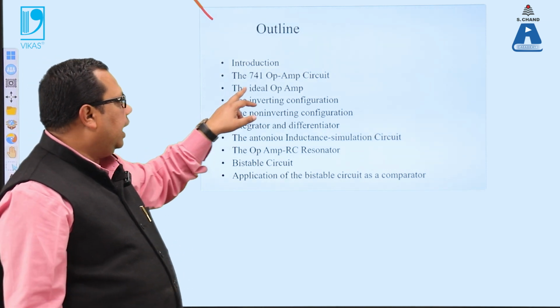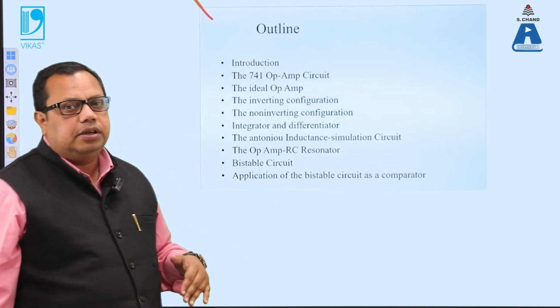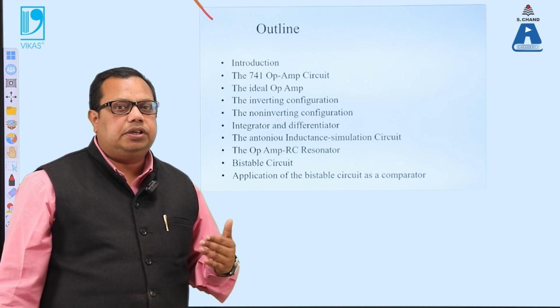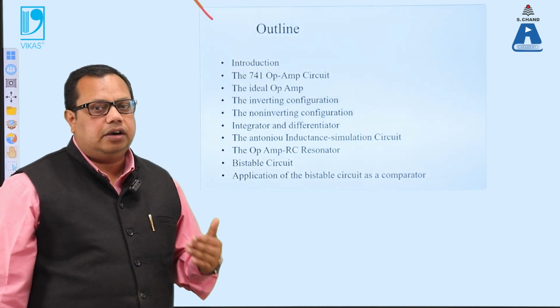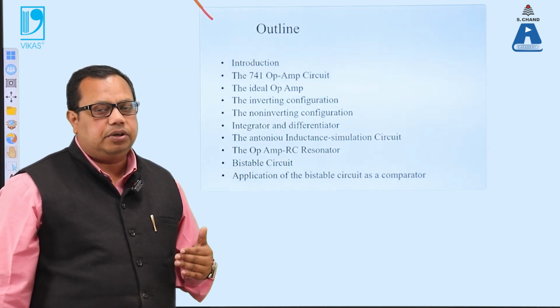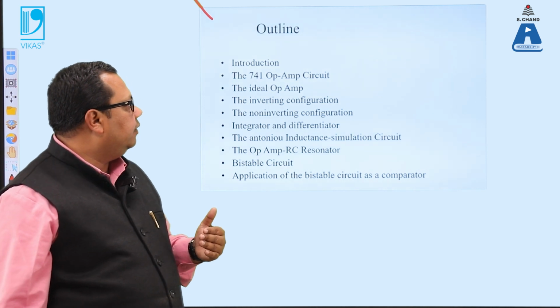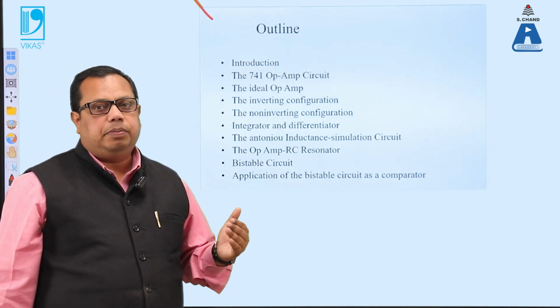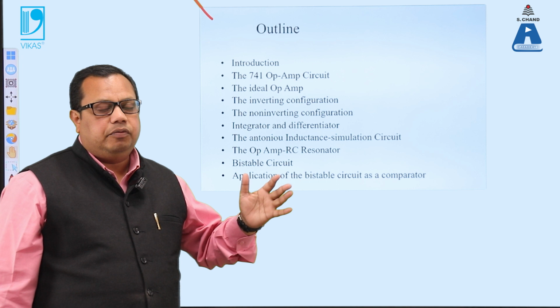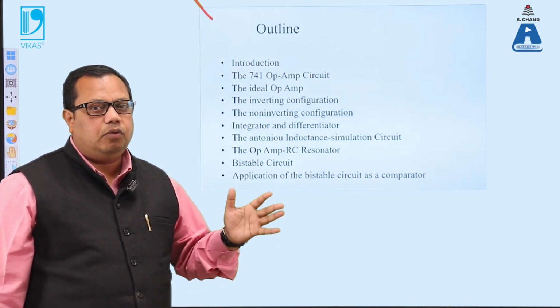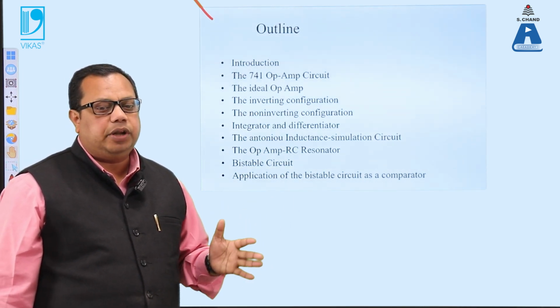Then the IC 741: in the coming videos we will discuss the structure, the circuit, the configuration, and the simulation of the particular circuit. IC 741 as an operational amplifier means that when we give a particular input, we want the amplified form of the output.